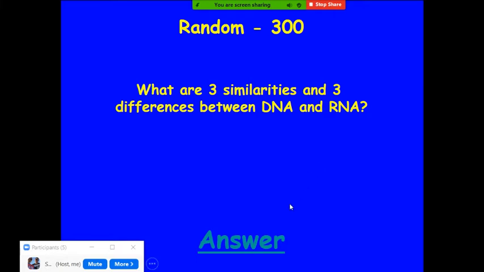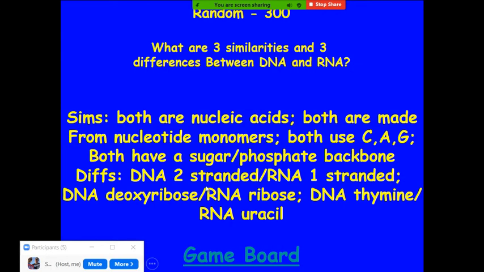All right, ladies and gentlemen, here we go. Okay, similarities. They're both nucleic acids, RNA, DNA. They're both made from nucleotide monomers. They both have cytosine, adenine, guanine, and they both have a sugar phosphate backbone. Differences: DNA is double stranded, RNA is single stranded.